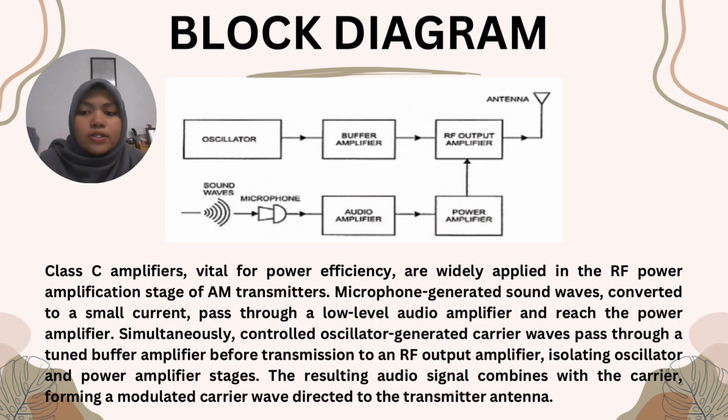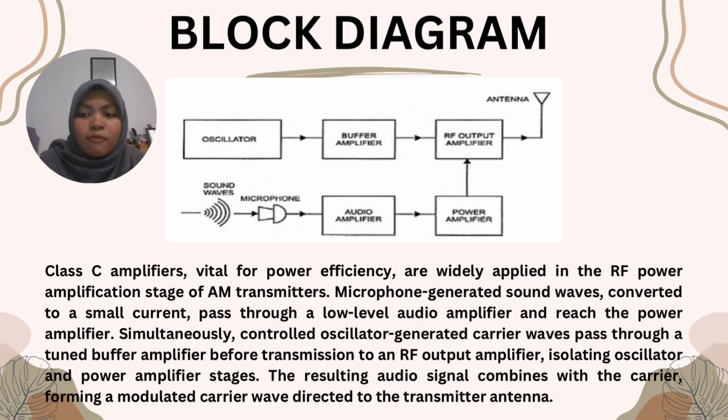The audio frequency output of the microphone is amplified by a low-level audio amplifier and finally transmitted to the power amplifier. On the other side, the carrier wave of radio frequency is generated by a crystal oscillator. These carrier waves are applied to a tuned buffer amplifier and transmitted to a radio frequency output amplifier.